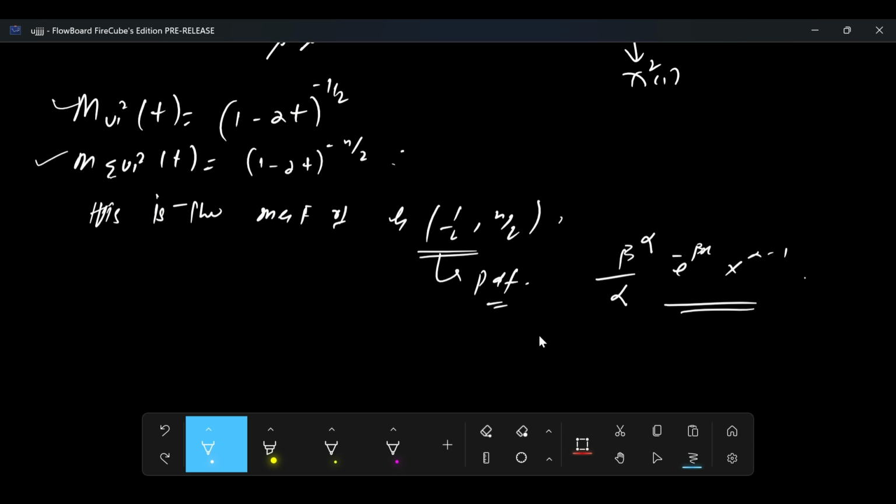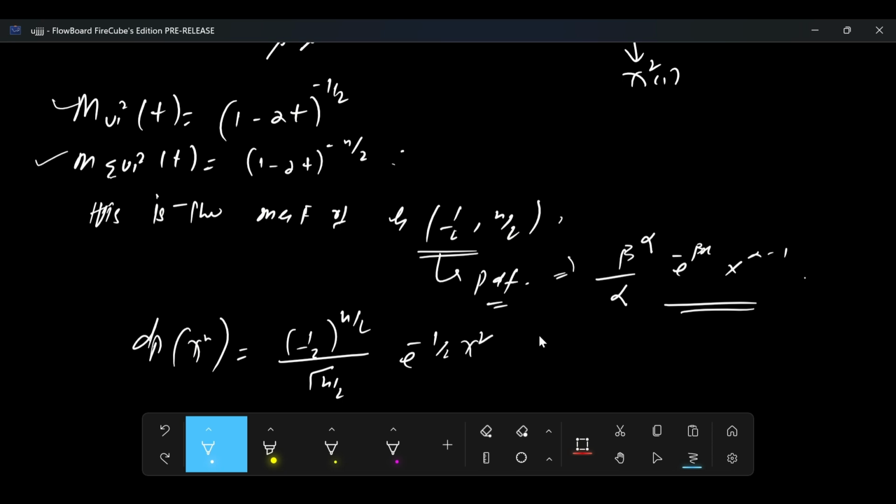Clear? So this is the PDF of gamma distribution. In place of alpha, write this; in place of beta, write this. So we will get the distribution function of chi square, that's 1 by 2 to the n by 2, gamma n by 2, e to the power minus 1 by 2 chi square, chi square to the power n by 2 minus 1, where chi square is between this. So this is a chi square PDF.